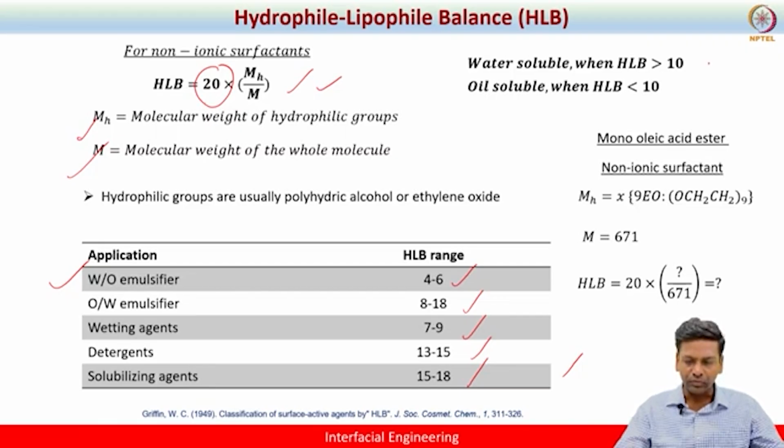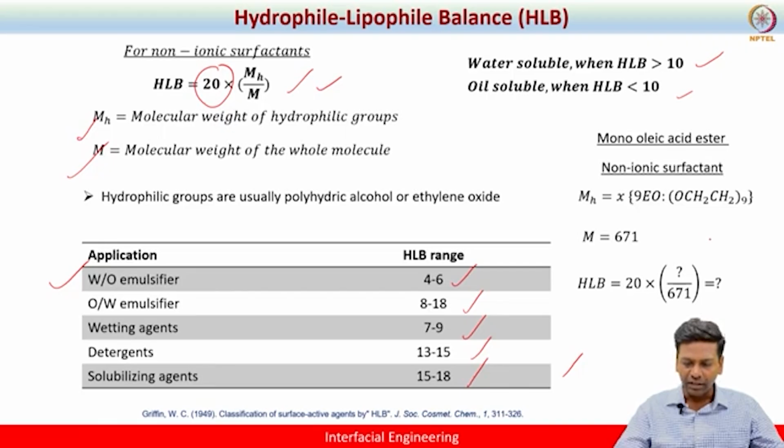So this is a simple rule saying that if HLB is greater than 10, they will be mostly water soluble, or you can say hydrophilic is the more dominant character. If it is less than 10, you can say hydrophobic is the more dominant character.